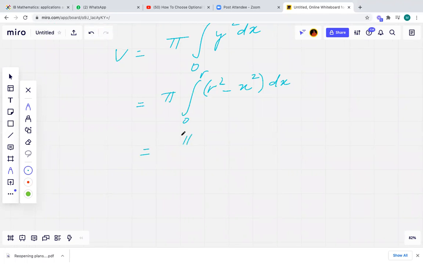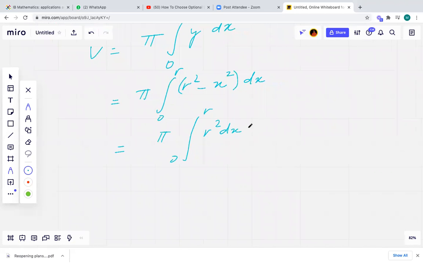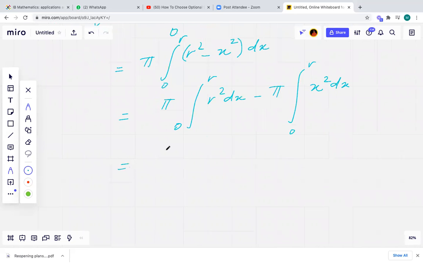That's equal to pi times integral 0 to r of r square dx minus pi times integral of x square dx from 0 to r. Now r is constant, so outside it will be pi r square, and integral dx is x from 0 to r.